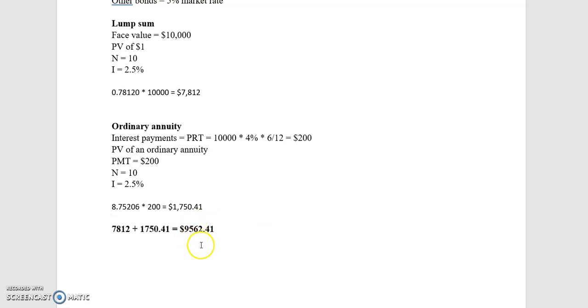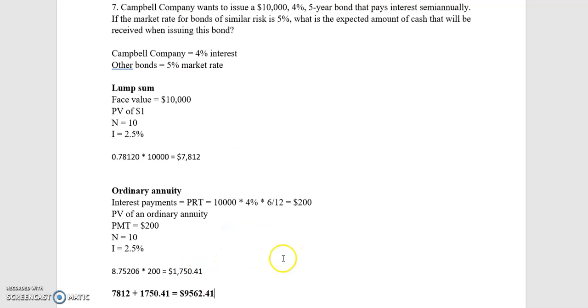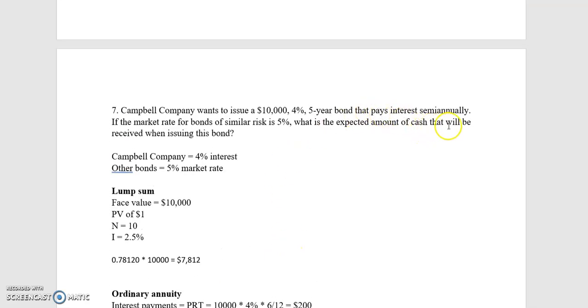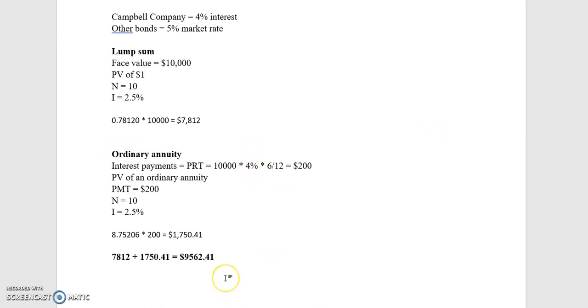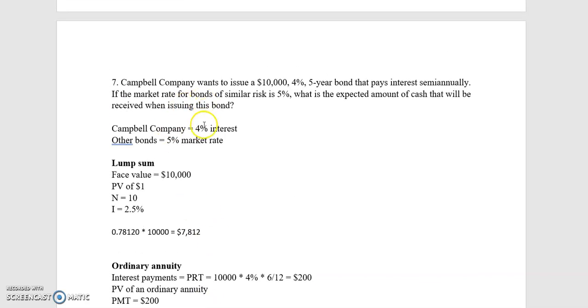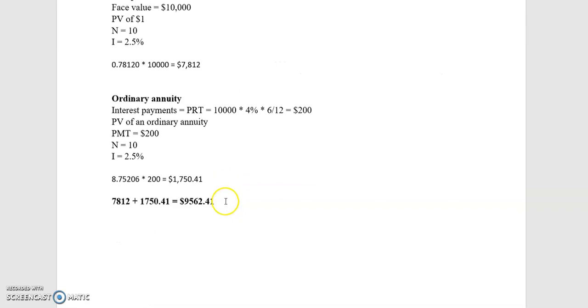Keep in mind, when we're talking about that present value, we are talking about the amount of cash that we can receive for issuing this bond. So we're issuing a $10,000 bond. We're receiving $9,562.41 cash. Why? Because our bond only pays 4% interest when they could go to the market and get 5%.